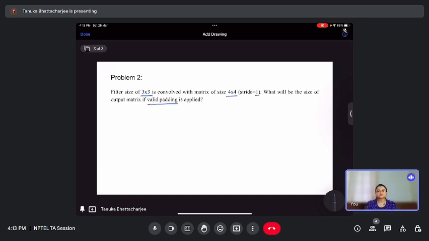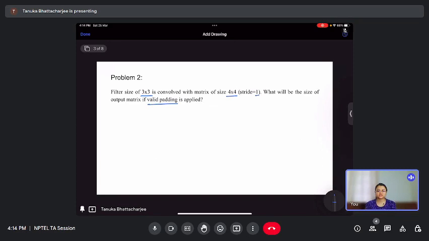So let us first see what valid padding is. When you implement these convolutional neural networks, you will find one argument for padding that you can specify for the convolutional layers, and generally it takes two options, either valid or same. Same means the padding will be such that after passing through the convolutional layer, the size of the matrix will remain the same.